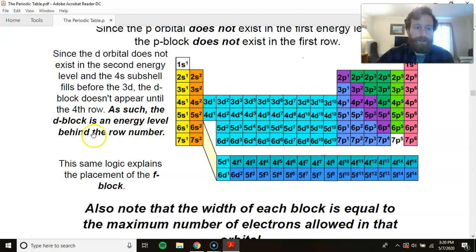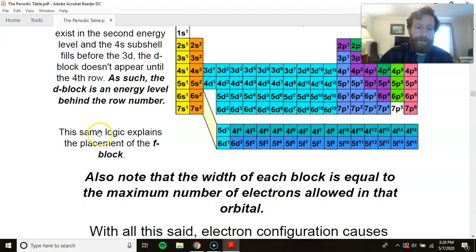So as such, the D block is an energy level behind the row number. And then if you look at that order, you'd see that the same logic explains the placement of the F block. The F block is actually 2 rows behind the S and the P block. If you look at the filling order, that should make sense, hopefully.